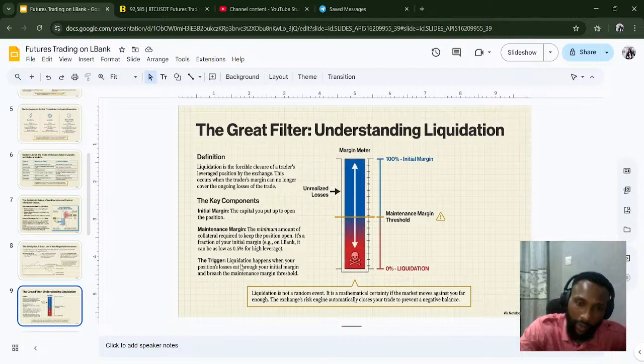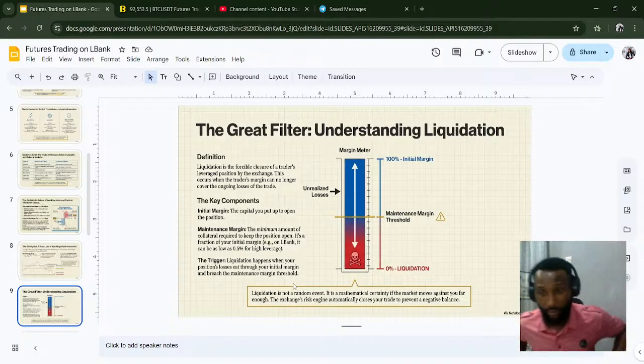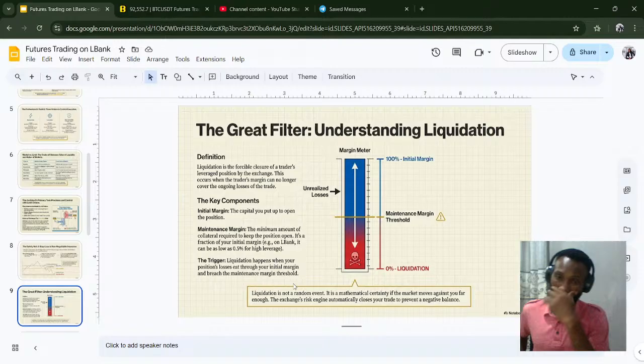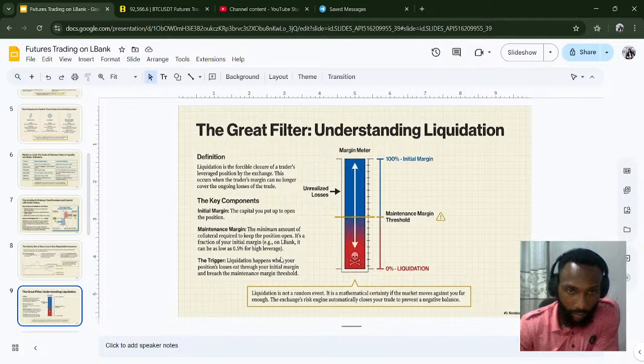Liquidation happens when your position losses eat through your initial margin and breach the maintenance margin threshold. Okay, so I'm guessing we got that.